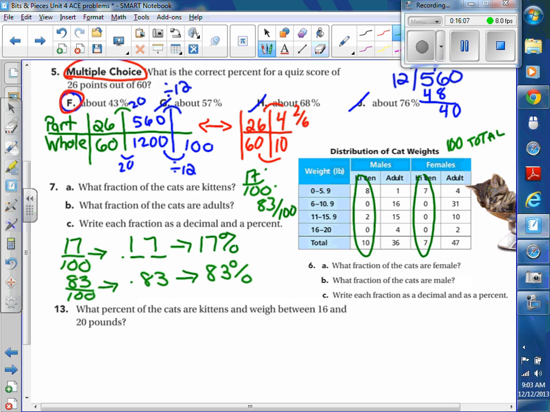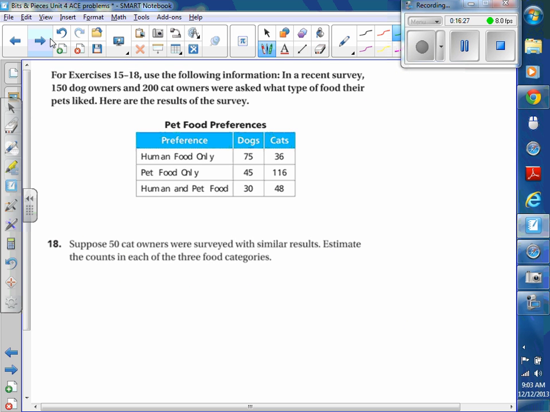He's right. And this column, between 16 and 20 pounds. And the only overlap is 0 and 0, right? 0%. Yay! That'd be a gigantic cat. Yes. There you go. Okay. Should we keep going?